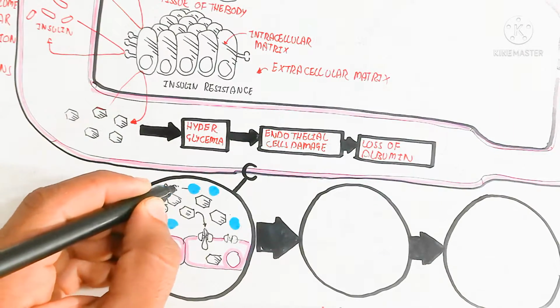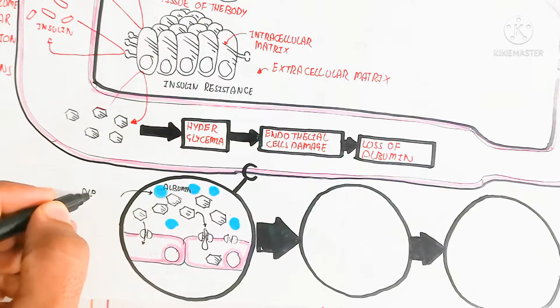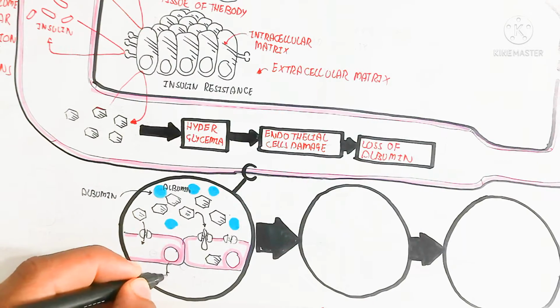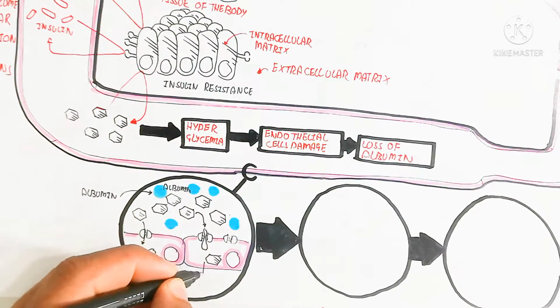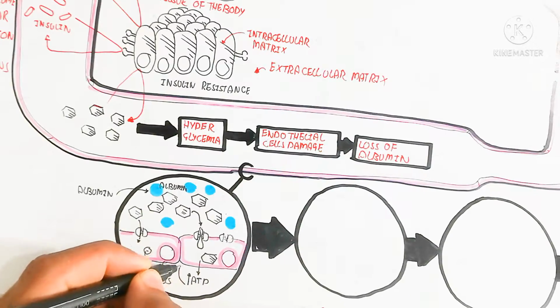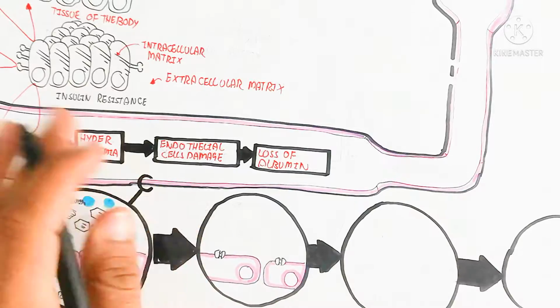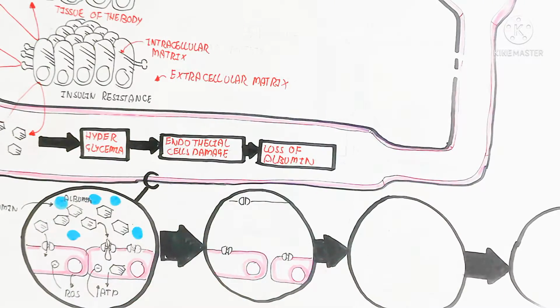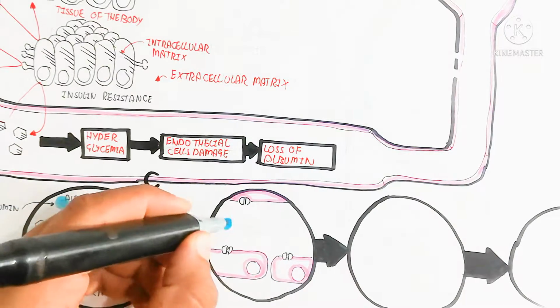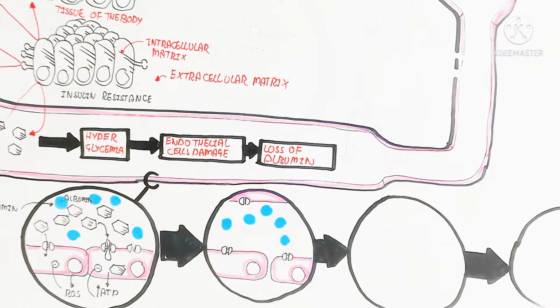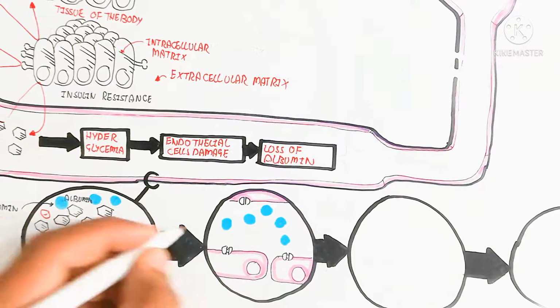So the glucose will move inside the endothelial cell, and the overproduction of energy due to the overflow of glucose into the endothelial cell of the artery and vein will lead to reactive oxygen species production and ATP, which will be damaged due to the stimulation of the reactive oxygen species and damage.